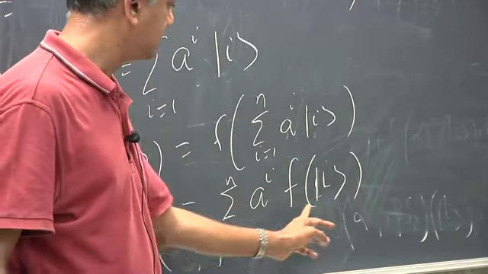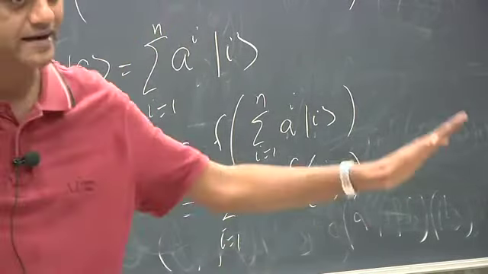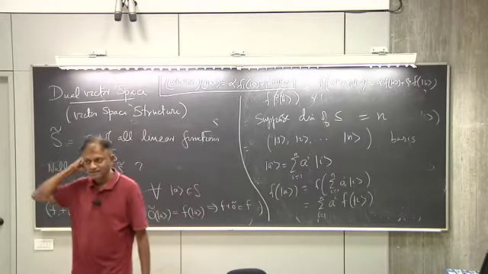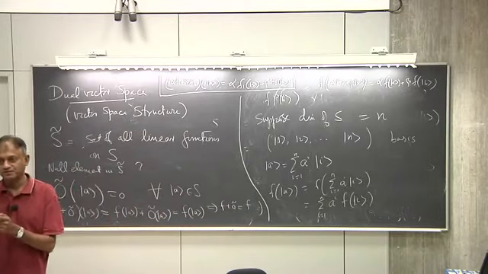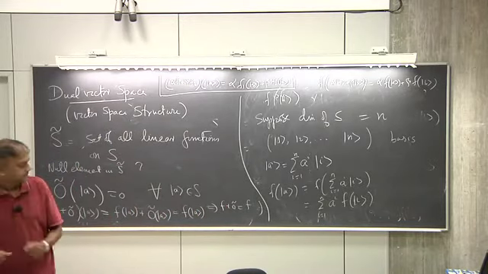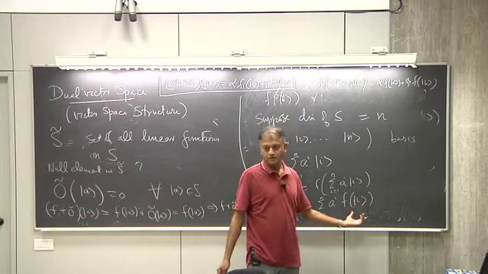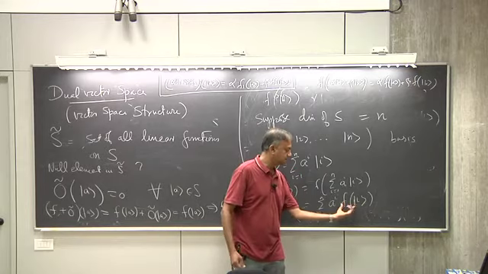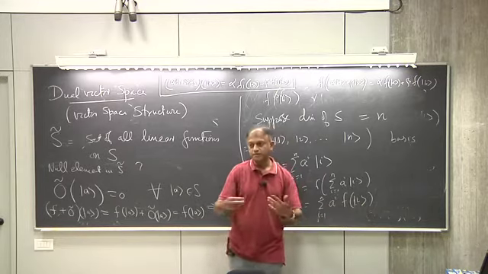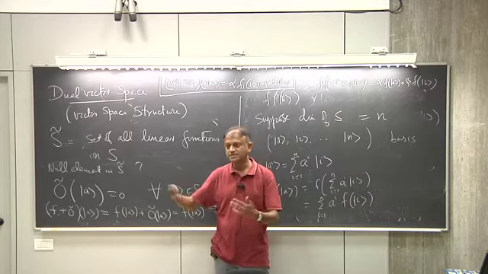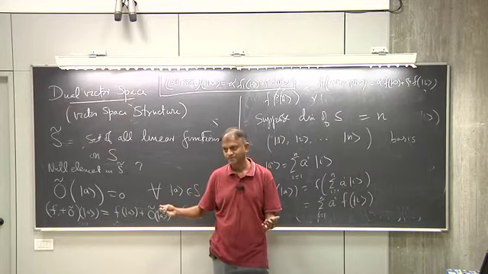If I know this, then I know how f acts on the entire S. So it's sufficient to specify how f acts on the basis vectors. Of course, these could be arbitrary numbers, and as I change these numbers, I will get different functions.